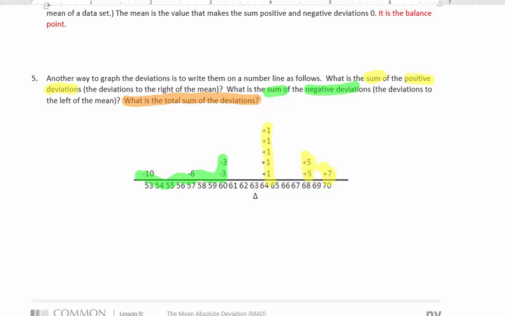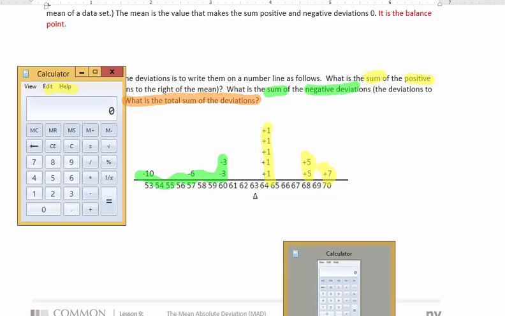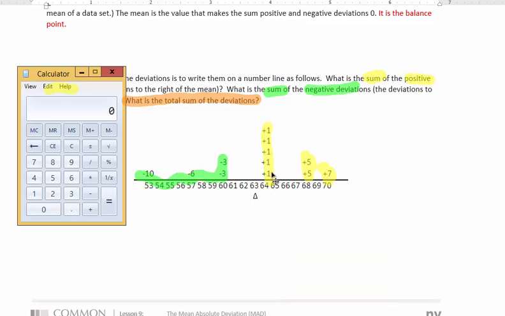Well, I'm just going to pull out my calculator, since I'm allowed to use a calculator today. And I'm going to add all of my positive deviations. So there's 1, 2, 3, 4, 5, plus 5, 10, plus 7. So I can answer that first one. The positive deviations is a positive 22.